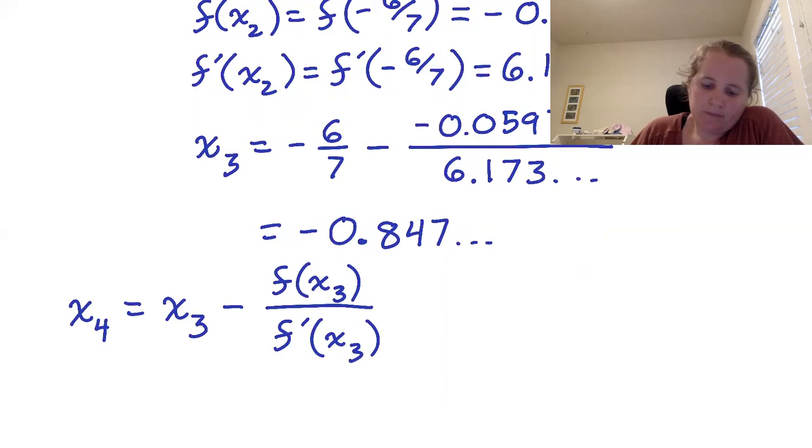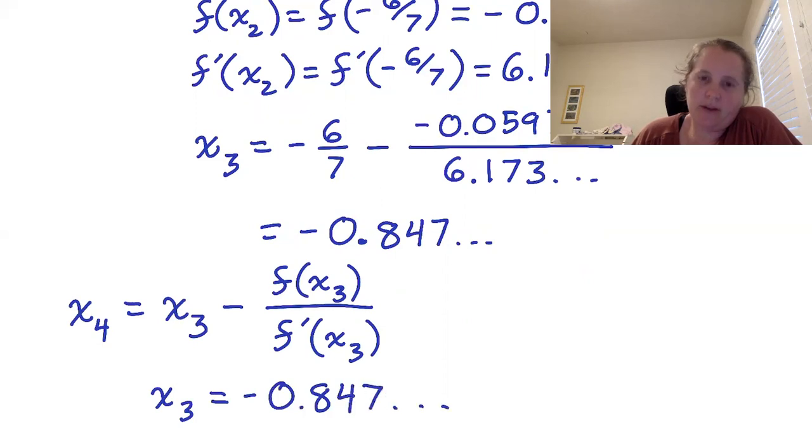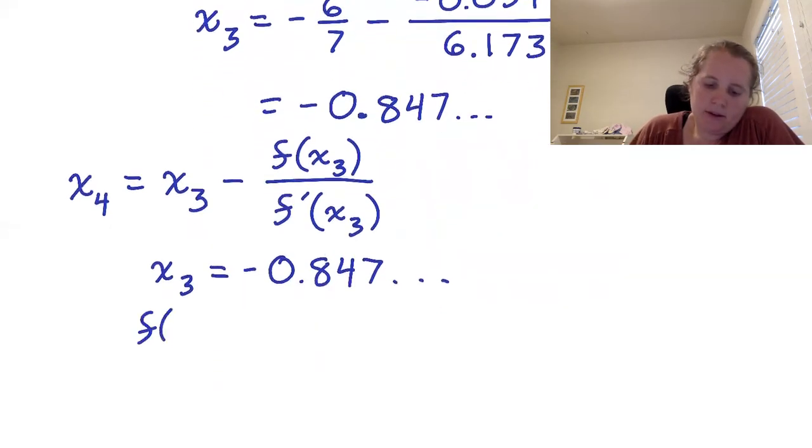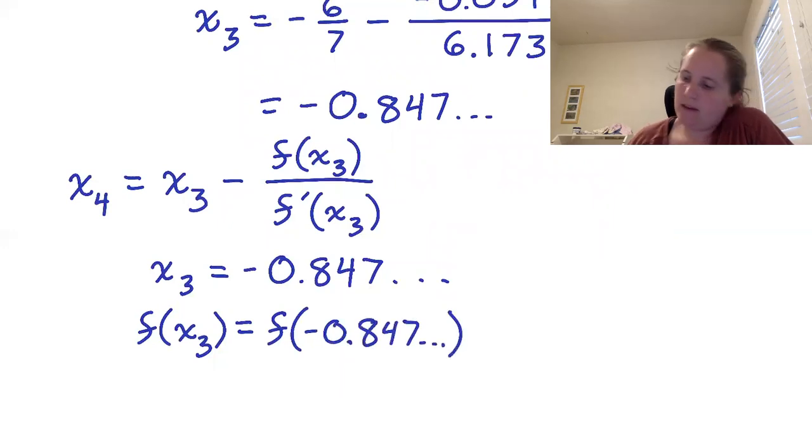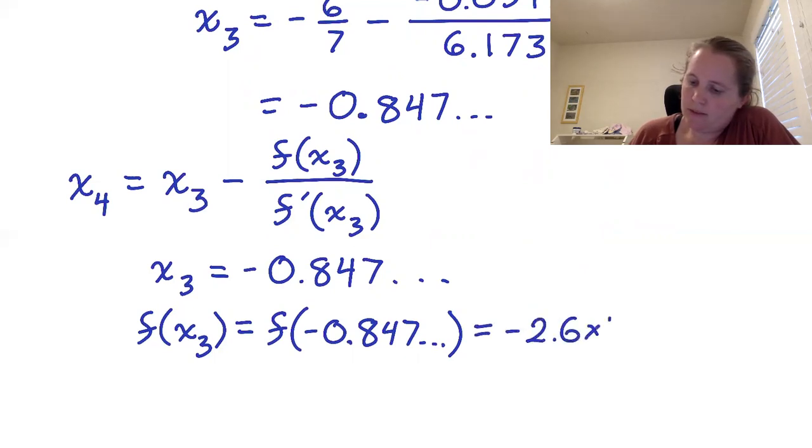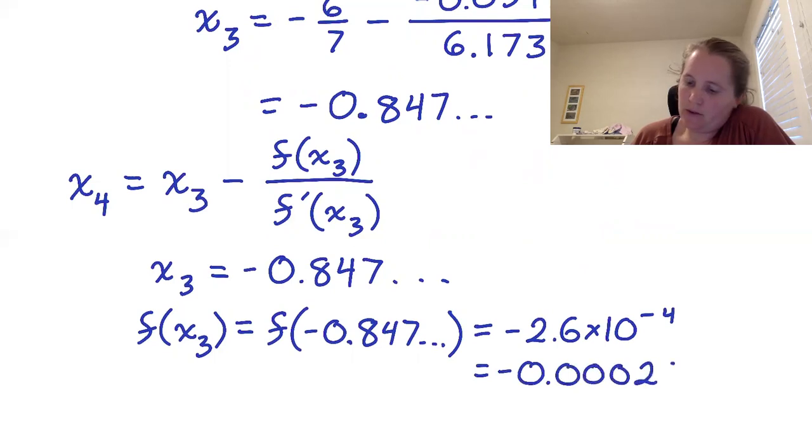So again, we know that x3 was negative 0.847 going on. f of x3, we are looking at f of negative 0.847, and if I find that, this is negative 2.6 times 10 to the negative 4, or negative 0.000 26.